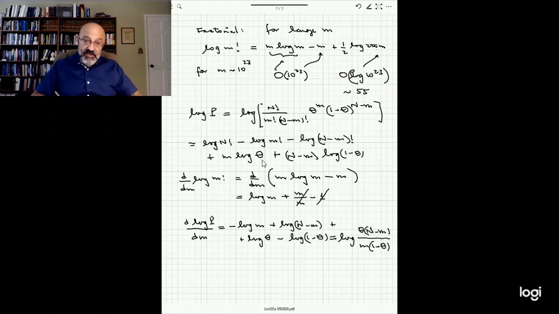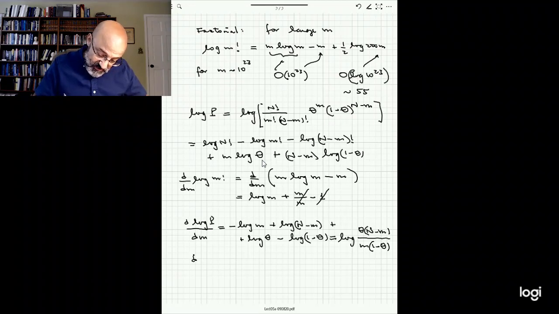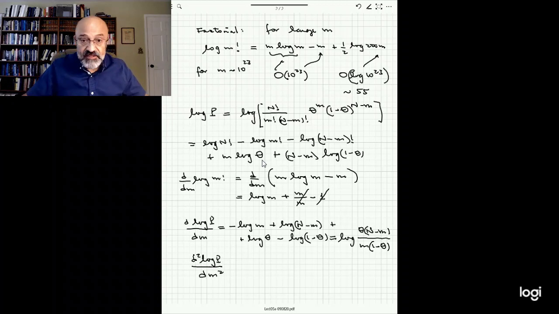That's the first derivative. Now we do the second derivative. And it's easy to see how it goes. Take the derivative of the first term, that's 1 over m. Take the derivative there, you get something, and then these terms disappear.